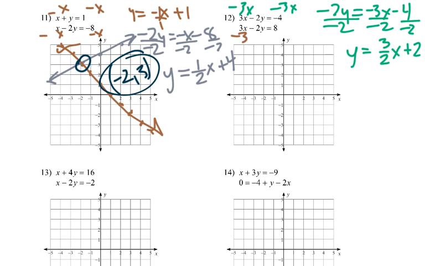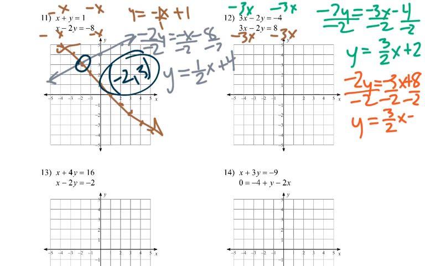Okay, change this one, subtract a 3x, and we'd end up with negative 2y equals negative 3x plus 8. Divide by negative 2. We get y equals positive 3/2 x minus 4. Now we should notice here, because I did them both at the same time, same slopes.